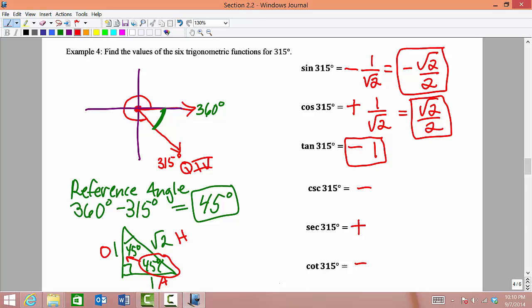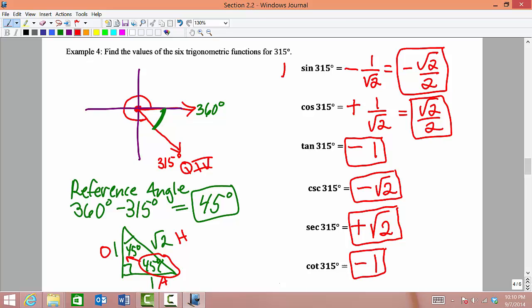Cosecant would be the reciprocal of sine, which would be the square root of 2, and it's negative square root of 2. Secant, reciprocal of cosine, so once again that would be square root of 2 divided by 1, which is just square root of 2, so we get positive square root of 2 for secant. And for cotangent, the reciprocal of minus 1 is also minus 1.